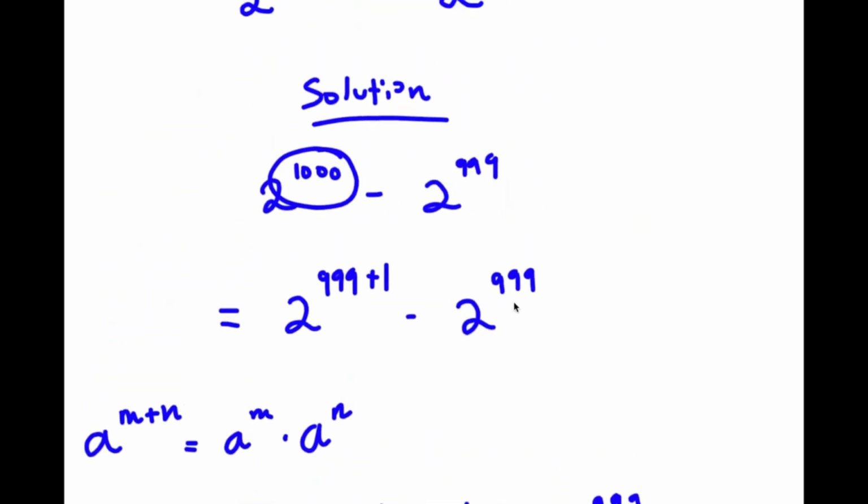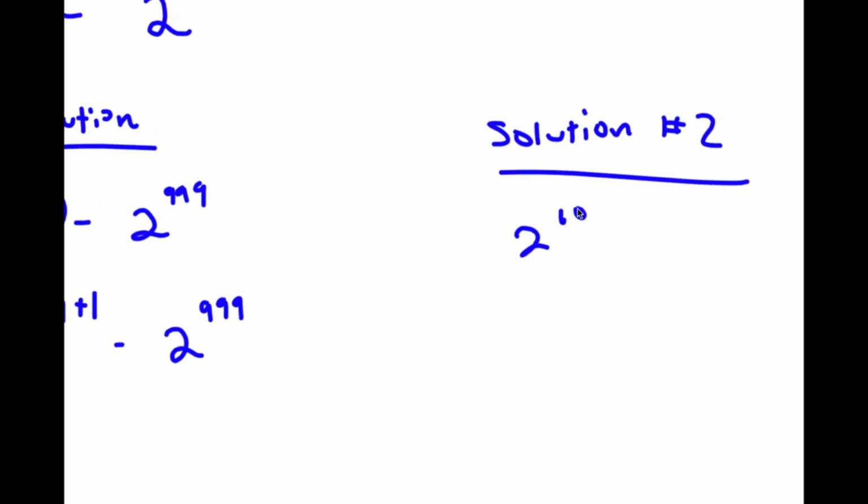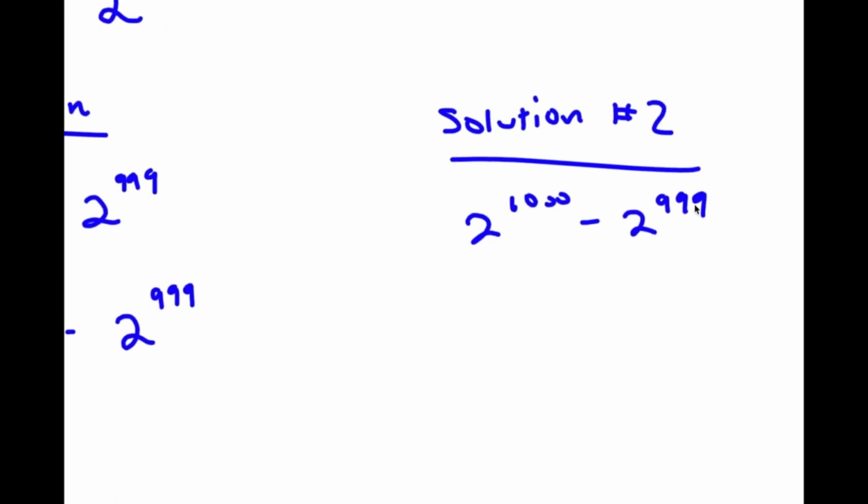Now, another way of doing this. I first start with 2 to the power of 1000 minus 2 to the power of 999. Now this time, I'm going to rewrite 999 as 1000 minus 1.